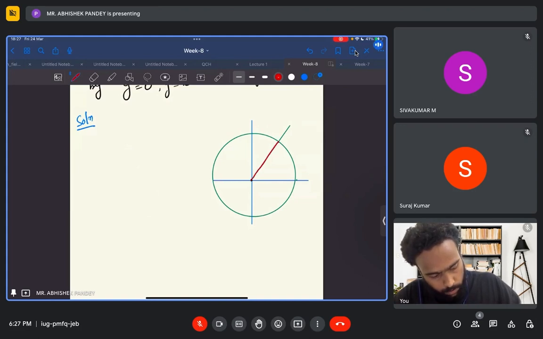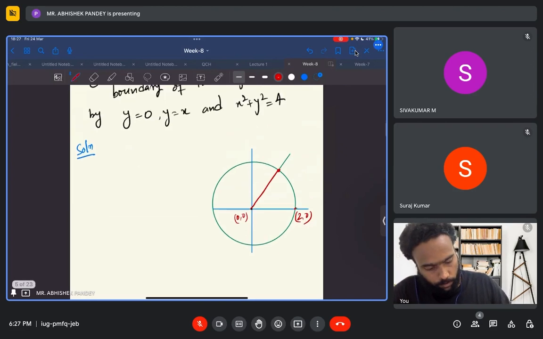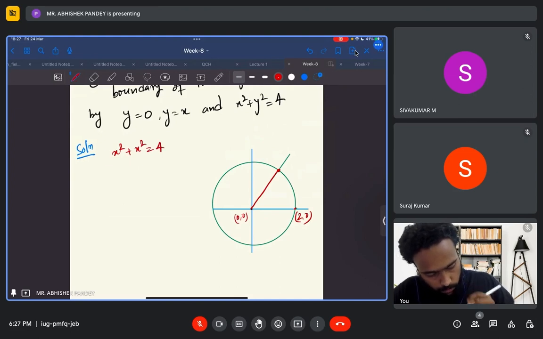This is your y equals x, this is 0 comma 0, this is 2 comma 0. For the intersection, x squared plus x squared equals 4, so x squared equals 2.